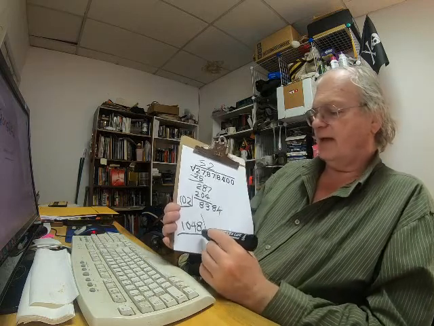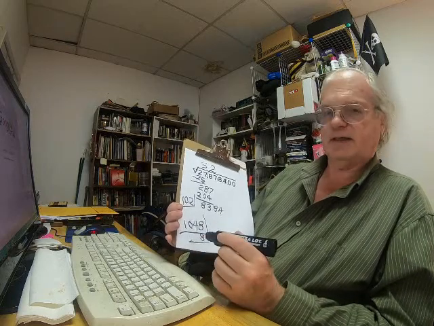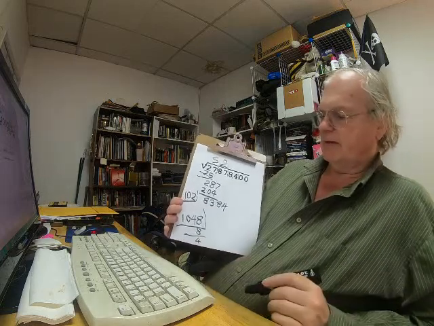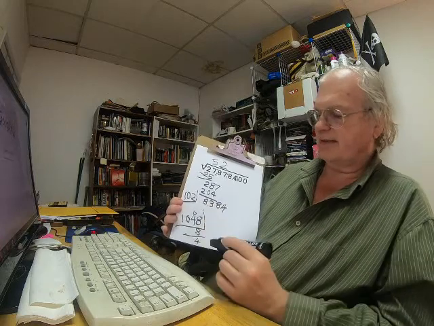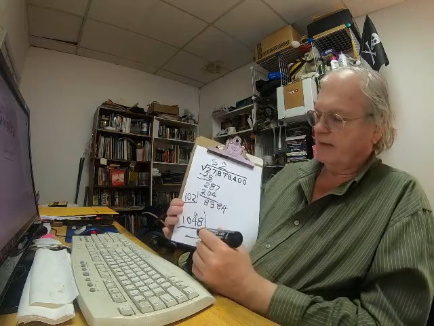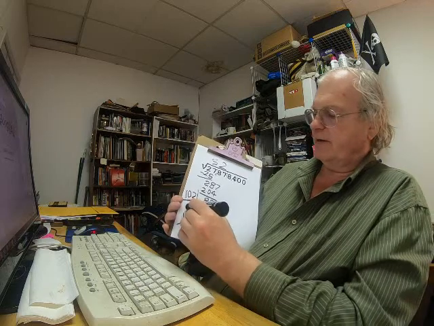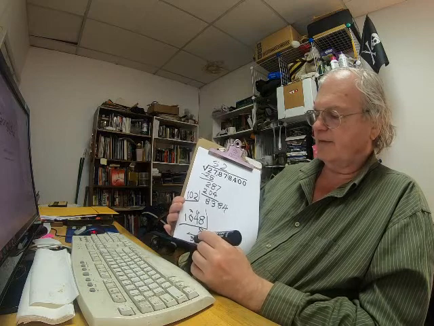And then we have 8 times 8. We can multiply it like this just to test it. Is 64. Carry the 6. 4 times 8 is 32, plus the 6 is 38. Carry the 3. 0 times 8 is 0, plus the 3. 3 here.